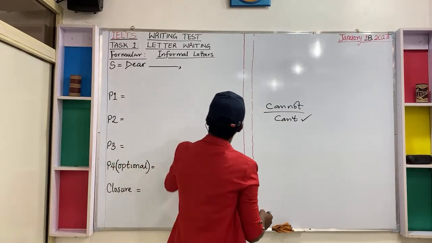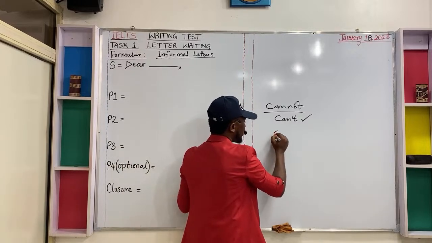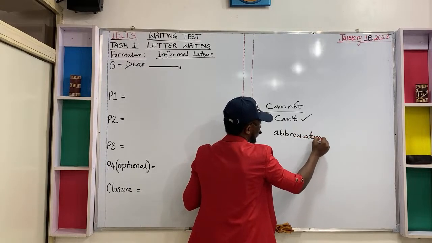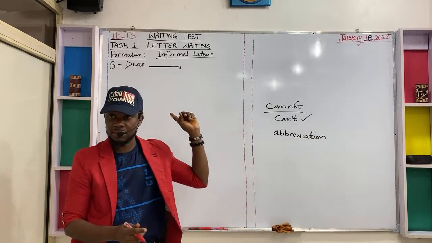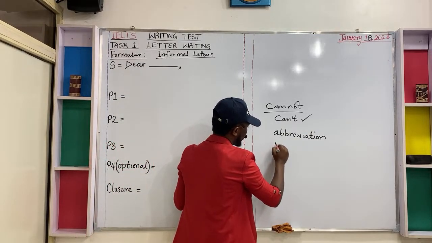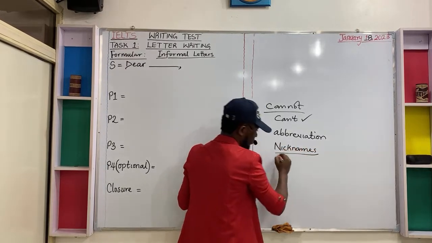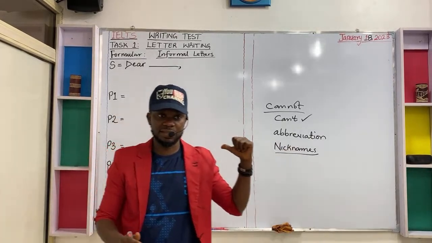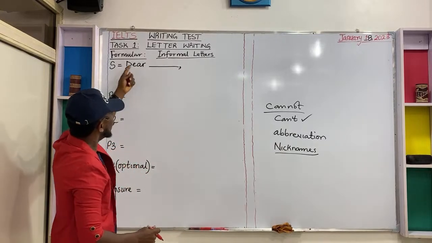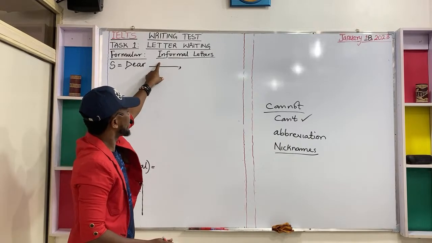Now, it is also allowed in informal letters for you to bring in abbreviations. It is also accepted in informal letters for you to bring in nicknames. So let's come back here. When you say dear whoever it is, what is your relationship with the person?